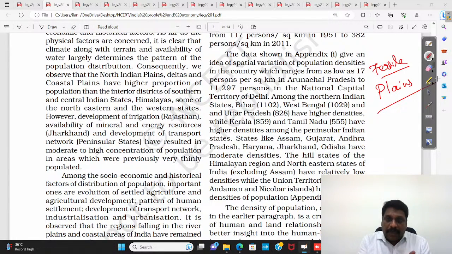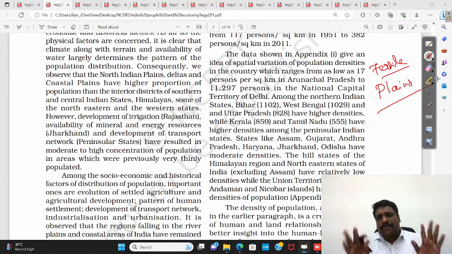Which type of land has the maximum capacity? It is plains. Very technically, we say geodemographic load bearing capacity. And these plains are very, very fertile, because the mighty Himalayan rivers are making these plains, the Gangetic plains. So, that is the simple reason.